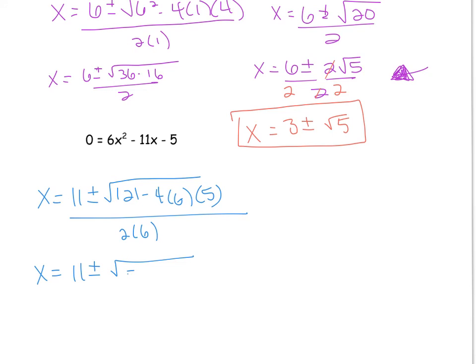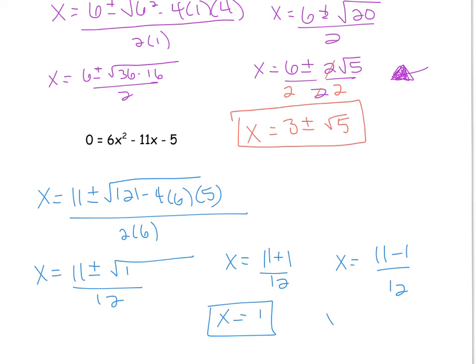Silly me. Over 12. So x equals 11 plus 1 over 12, 11 minus 1 over 12, so 1, and 5/6.